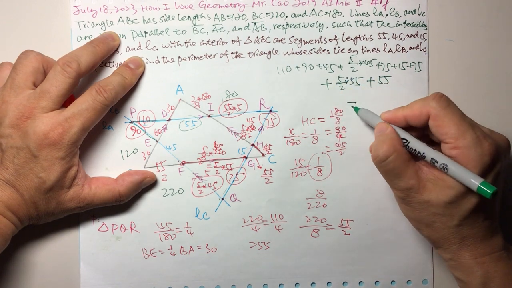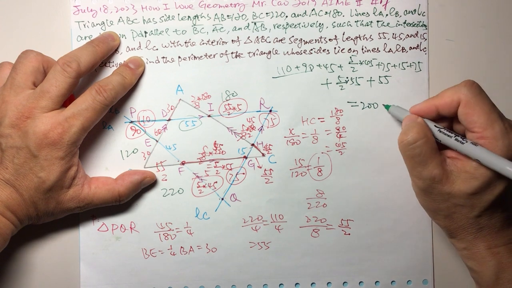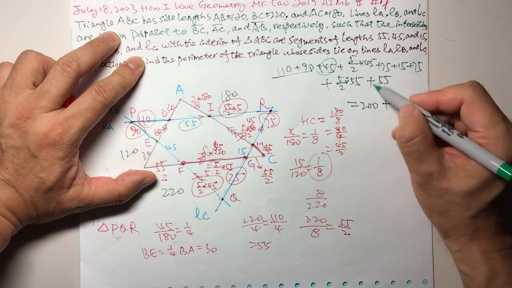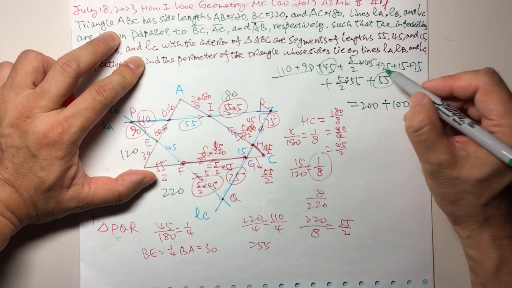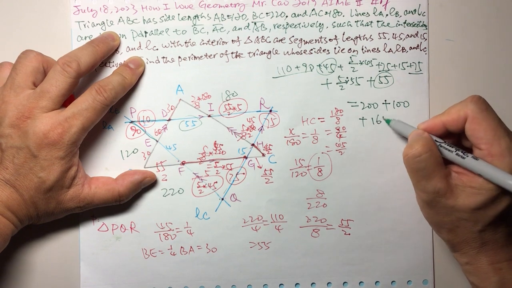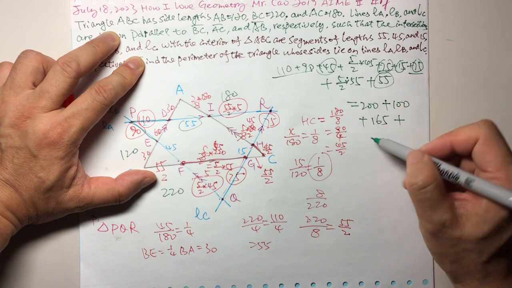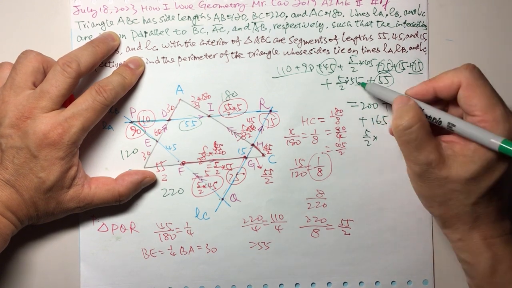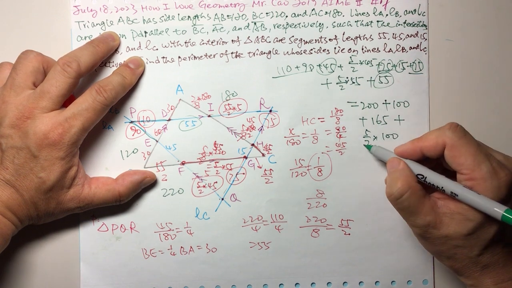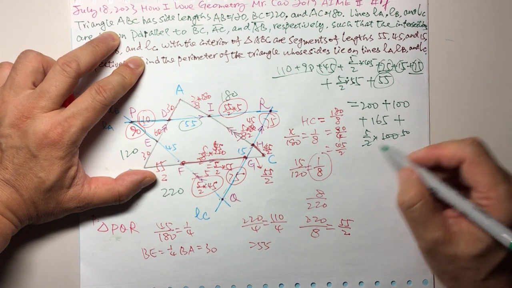What we get is 200, then 45 plus 100, and here is 150, plus 165, and 2/5 times (45 plus 55), which is 2/5 times 100, that's 50, so that will be 250.